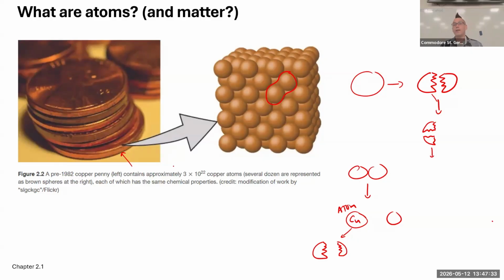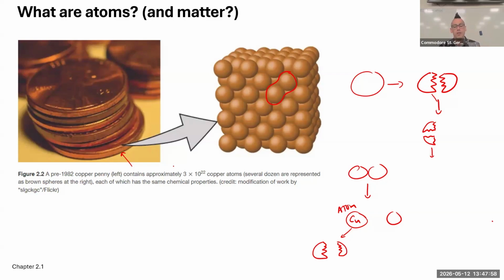Copper is found in wires that we plug into the wall, phone chargers, laptops, TVs. You plug that into the wall, it conducts electricity. If you broke those atoms of copper in half, would they conduct electricity? Probably not. Once you get smaller than an atom, you no longer retain the chemical properties of that specific material.